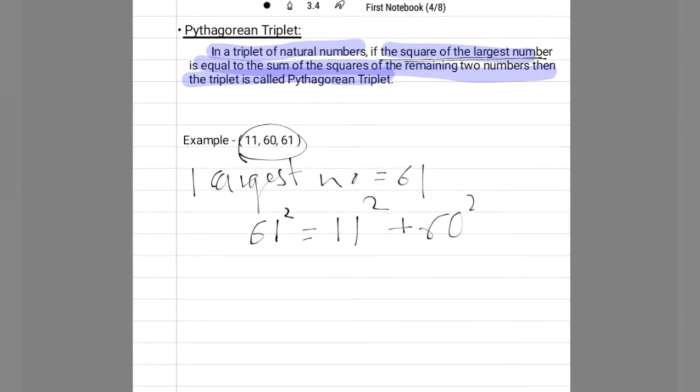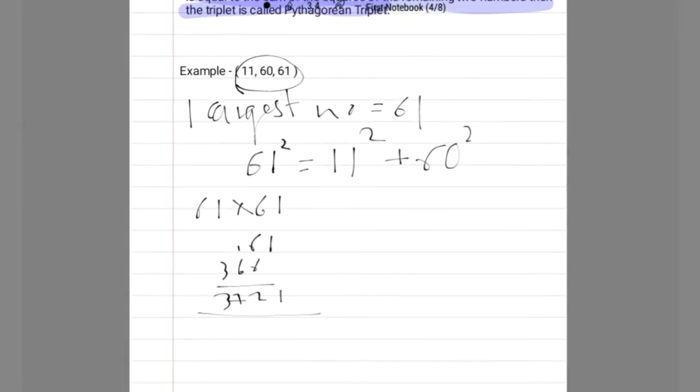Now 61 square is 61 into 61. So what we get is 1 into 1 is 1, 1 into 6 is 6, and then 6 into 6 is 36, 6 into 1 is 6, and so on. So 3721, we get it on the left hand side.